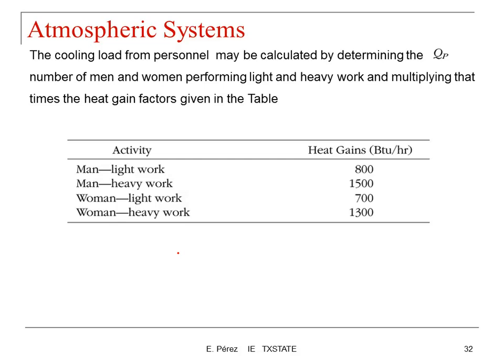So for a man doing light work, we have 800 BTU per hour. For a woman doing heavy work, we have 1,300. So now you see why you need to take physics when you get to this level. So we're seeing some of those ideas apply.